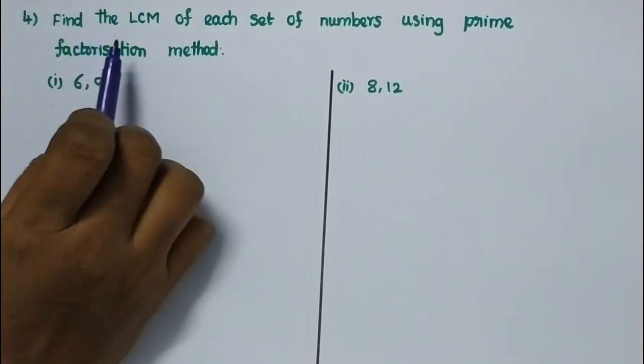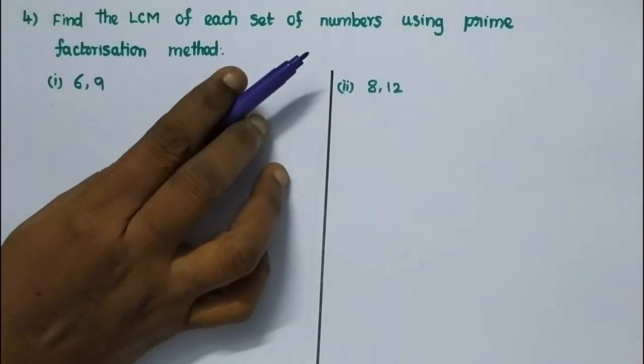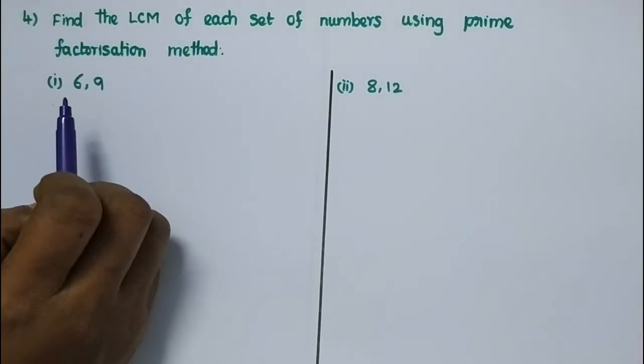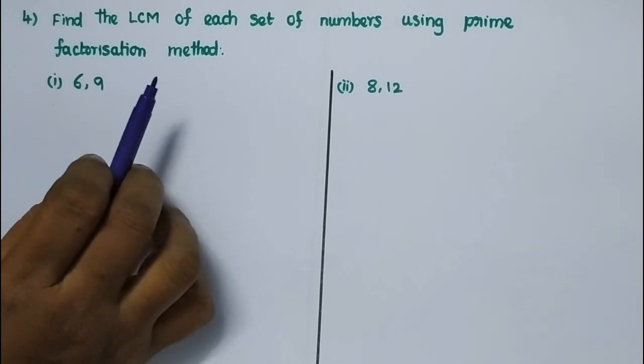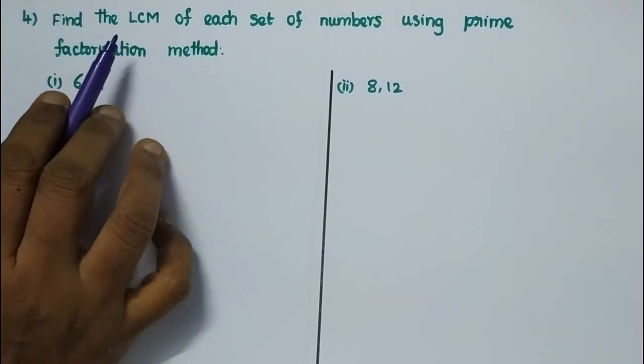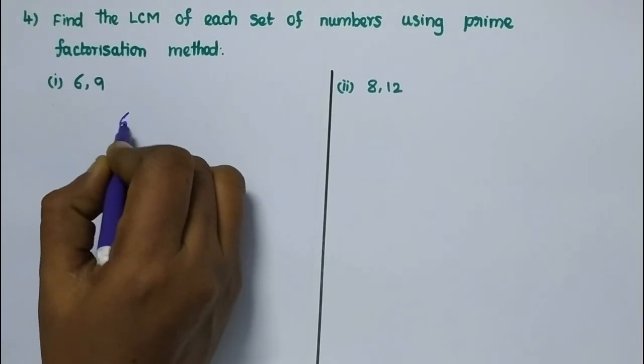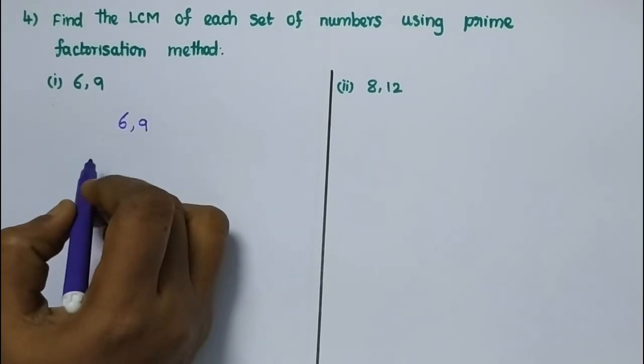Fourth sum. Find the LCM of each set of numbers using prime factorization method. Here we are going to see the LCM. 6, 9. First subdivision.